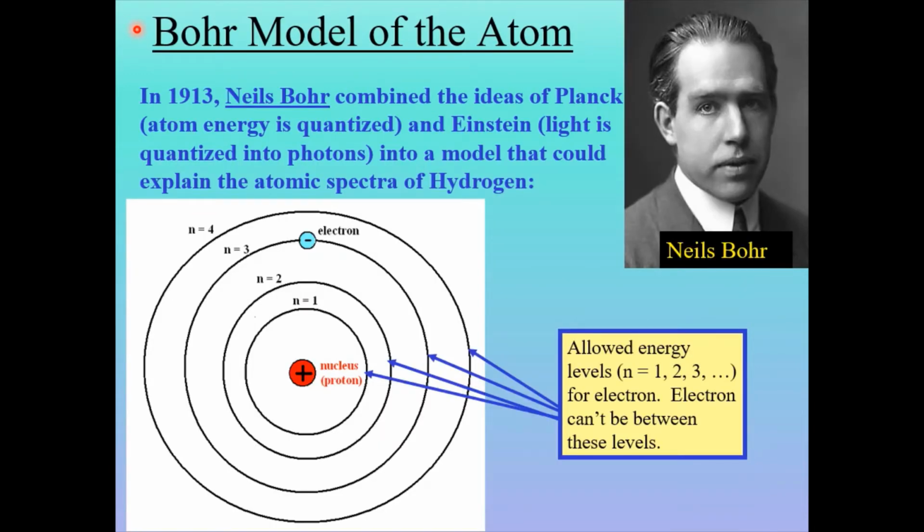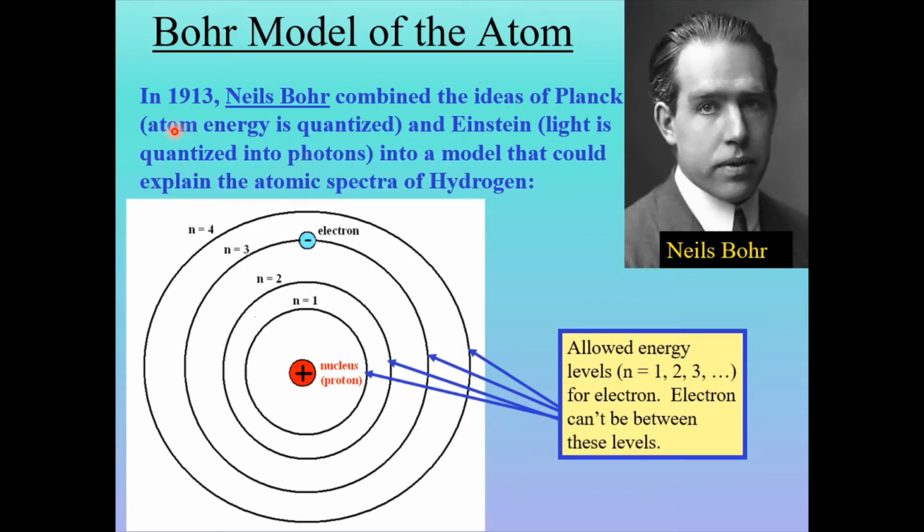Okay, so just to recap, in 1900, Max Planck suggested that energy is quantized, in other words, comes in discrete steps. And a few years later, Einstein said that the same holds true for light. Light energy is quantized into little bundles of light called photons.